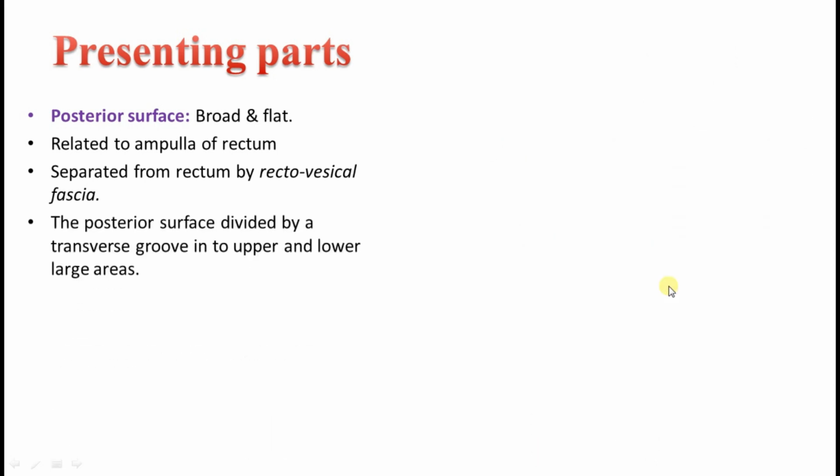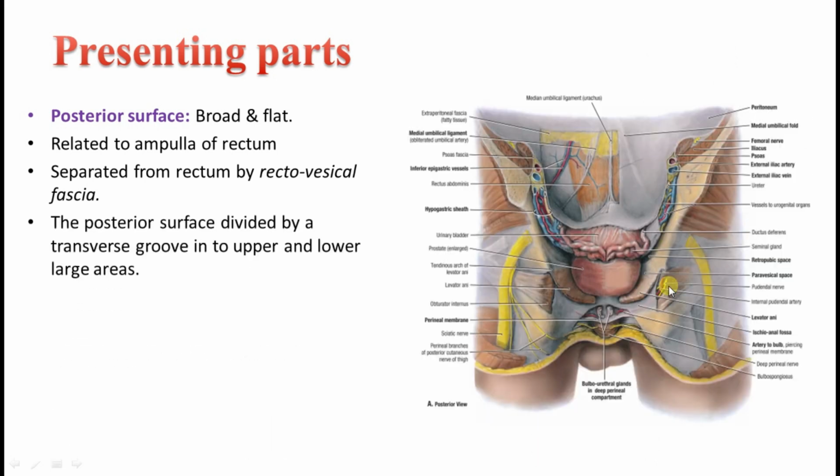When you look at the posterior surface from behind, this is the posterior view where the rectum, anal canal, and the other muscles of the posterior wall of the pelvis have been removed. Now you are viewing the posterior part of the bladder, mainly the base of the bladder with the seminal vesicle and the vas deferens.